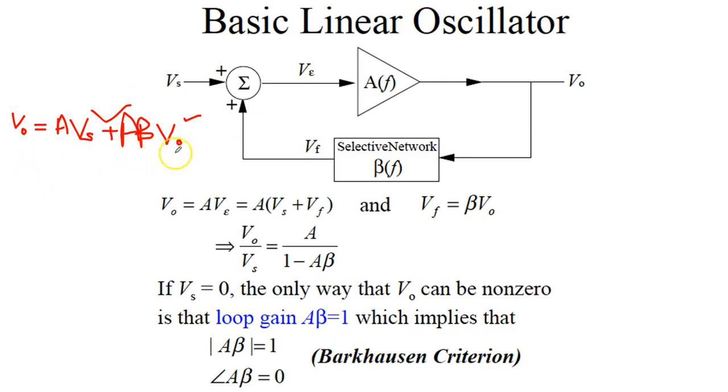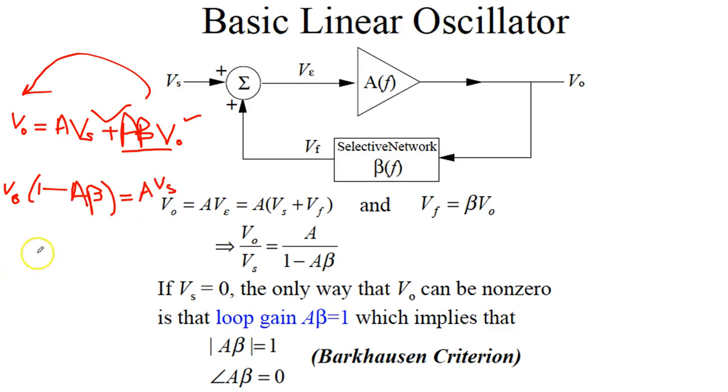So we take this portion to this side and see what happens. We will have V0 common, and then we will have V0 times 1 minus A beta is equal to A Vs. Finally what you get is V0 upon Vs is equal to A over 1 minus A beta.